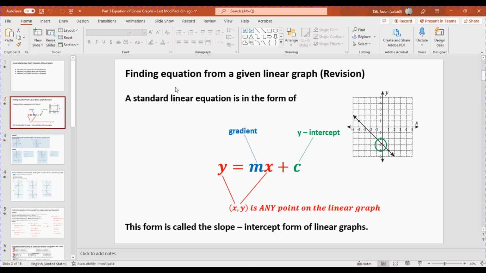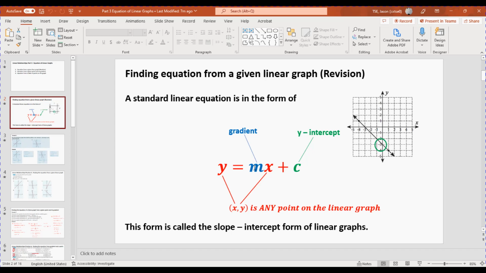We've been learning the equation from a given graph, from which we know that the equation y equals mx plus c, and you need to know the meaning of the numbers in front of m and also the number added to the green letter here, which is the y-intercept.